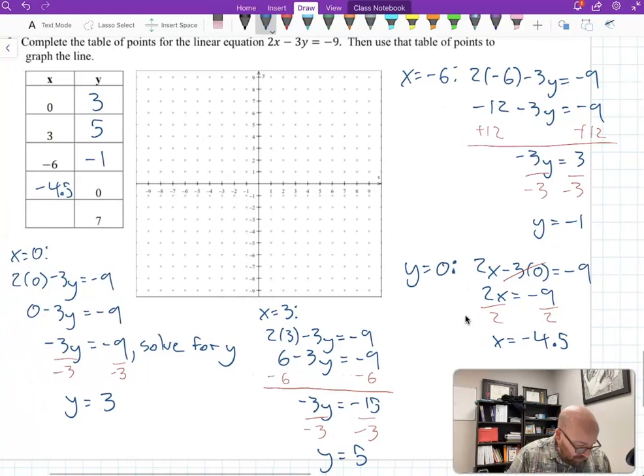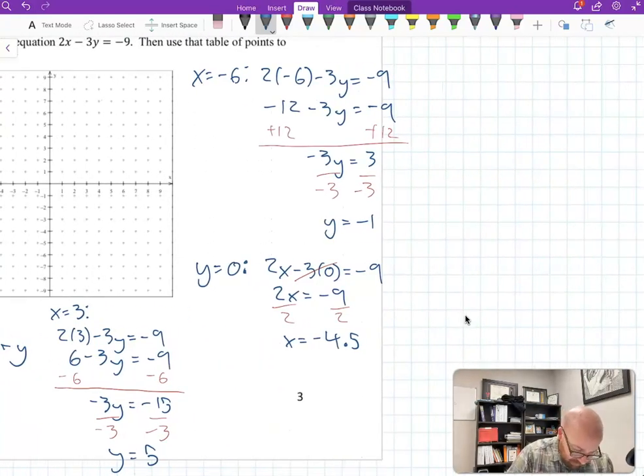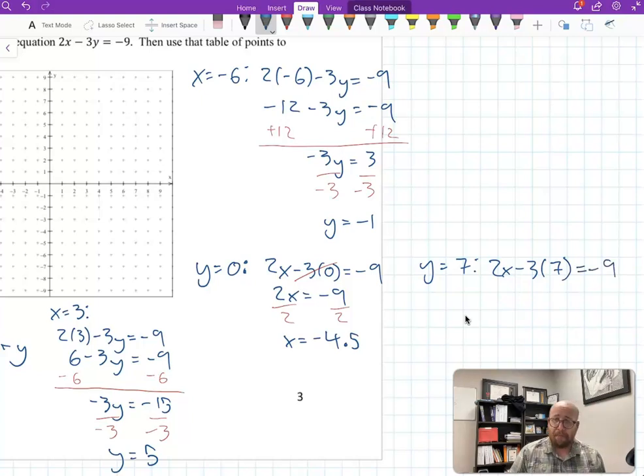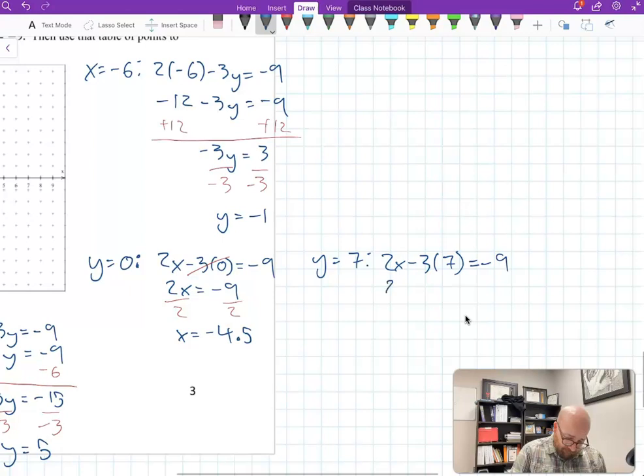Then finally we have y is equal to 7. So that's 2x minus 3 times 7 equals -9. -3 times 7 is -21. We want to add 21 to both sides.